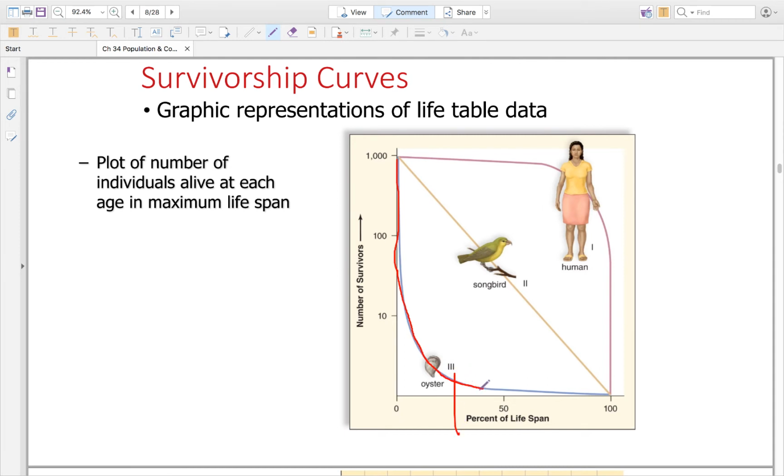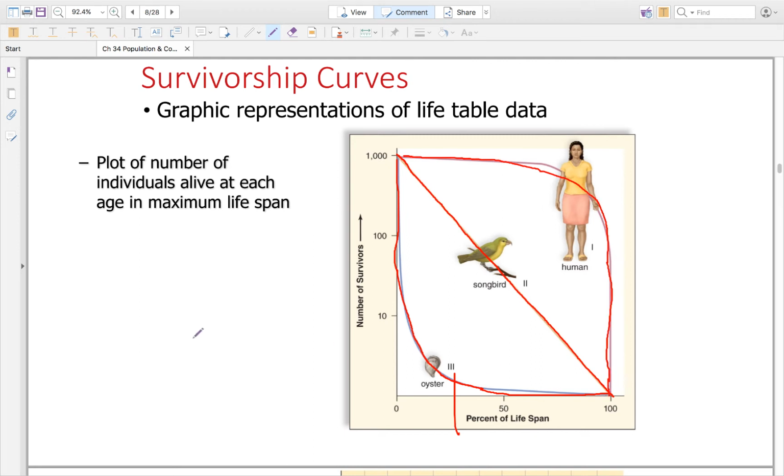So basically, they don't live very long, and they're going to make this particular curve. Now some have a pretty consistent life, so they don't have a curve at all. It's just a straight line. And then some organisms like humans have a long survivorship, and that's because we tend to live to a long age.